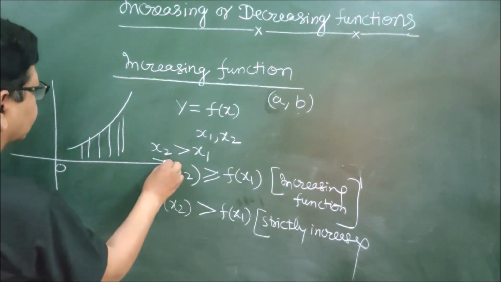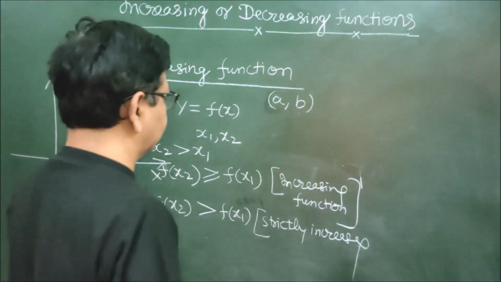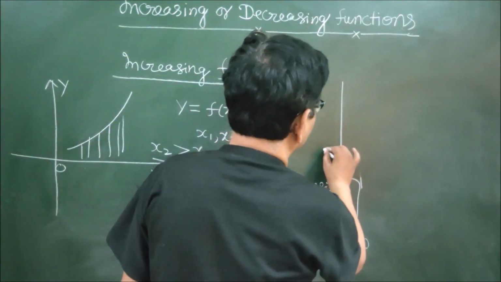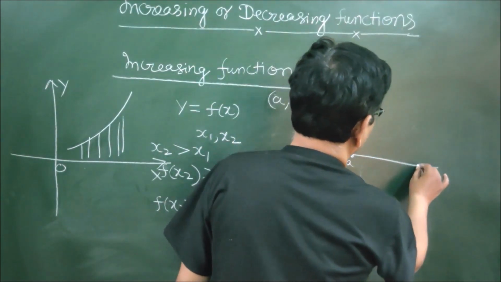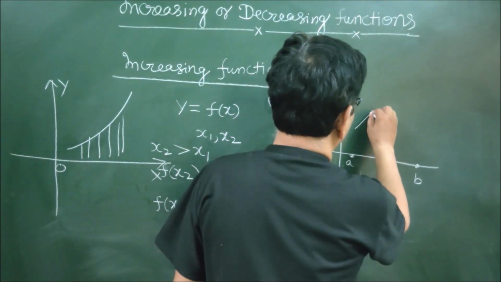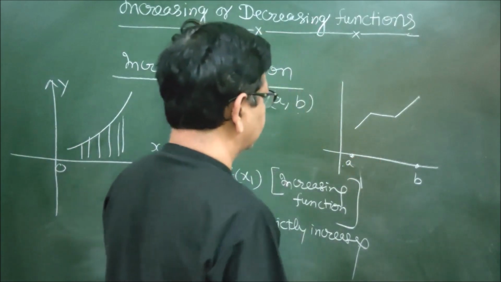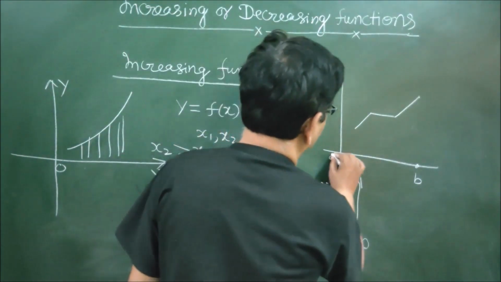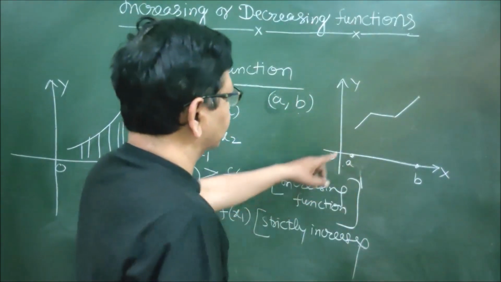This is the x-axis and y-axis. But if we have the graph like this, from a to b, for some interval it is increasing, then it is constant, and then again it is increasing. This is called increasing function.